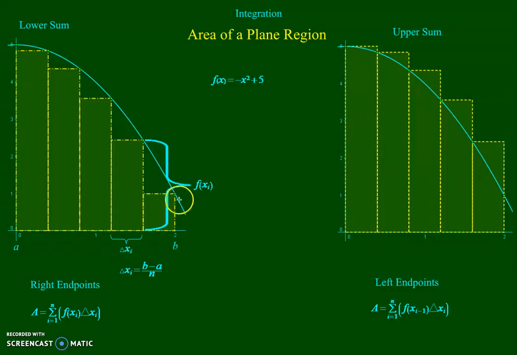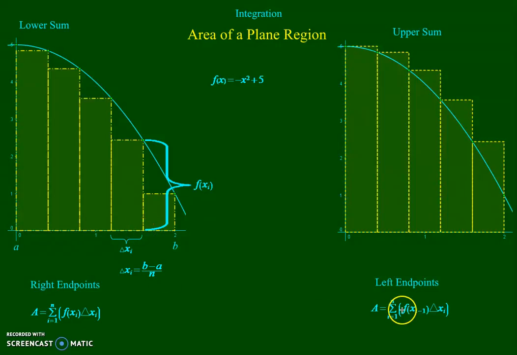So to find the sum, the area under this curve is going to be given by the sum for i equals 1 to n, the number of rectangles that we're finding is the n, times the area of each rectangle, that is the height, f of x sub i, times its width, delta x sub i.